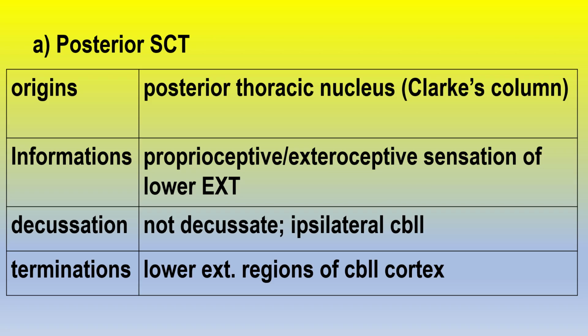Here is a summary of the posterior spinocerebellar tract. It originates in the posterior thoracic nucleus, does not decussate, and transmits proprioceptive and exteroceptive sensory information from the ipsilateral lower limb to the cerebellar cortex.